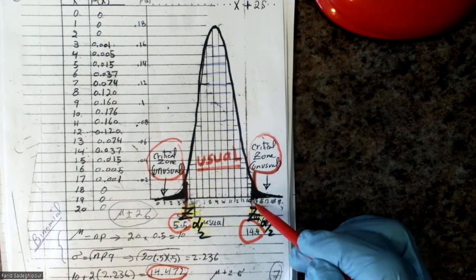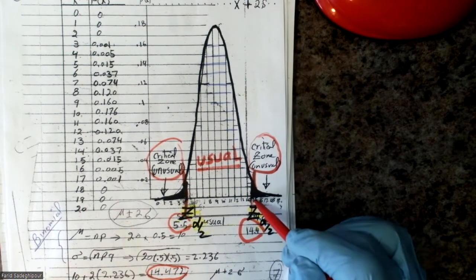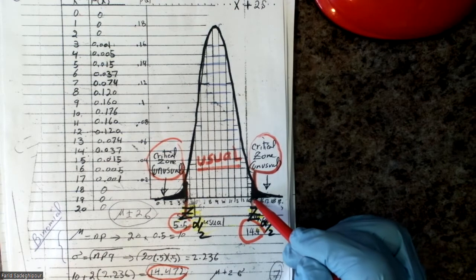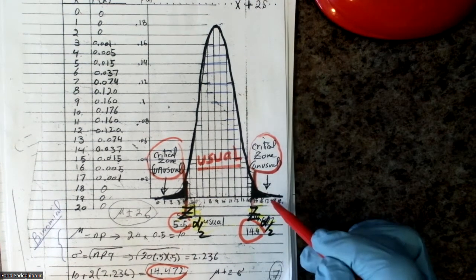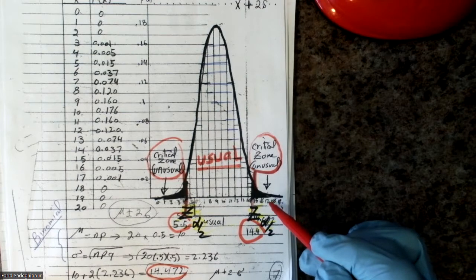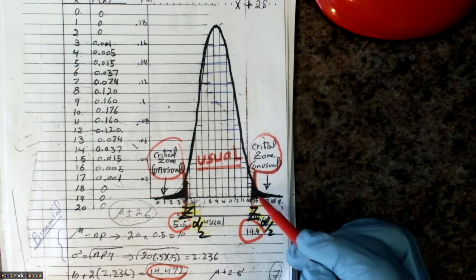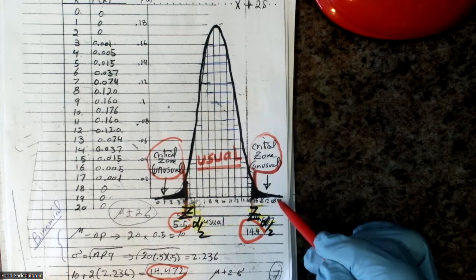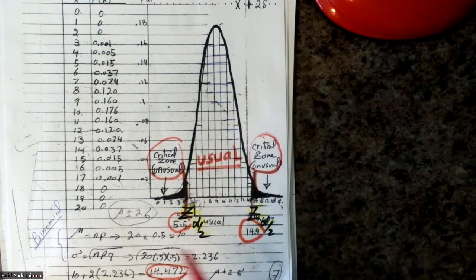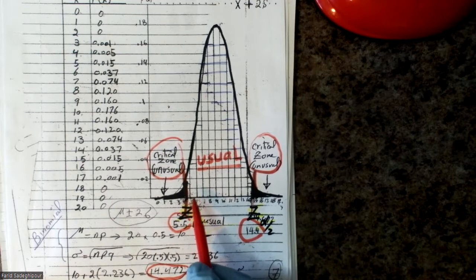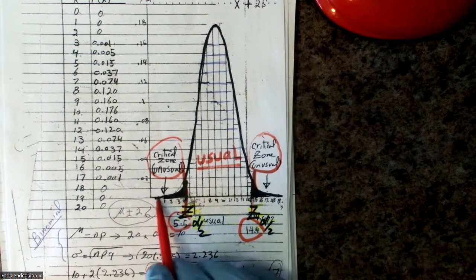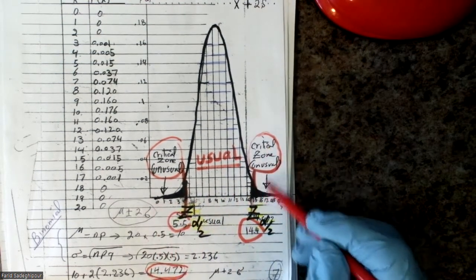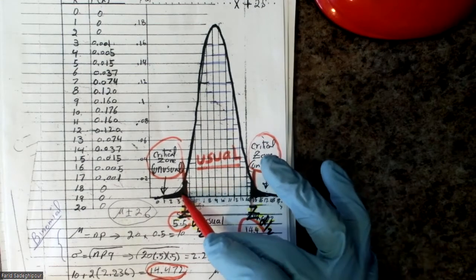Any number greater than 14.4, let's say 15 or more girls out of 20, is unusual. If a couple has 20 children and 15, 16, 17, or 18 are girls, that is unusual. Or if 4 or fewer are girls, that is also very unusual.